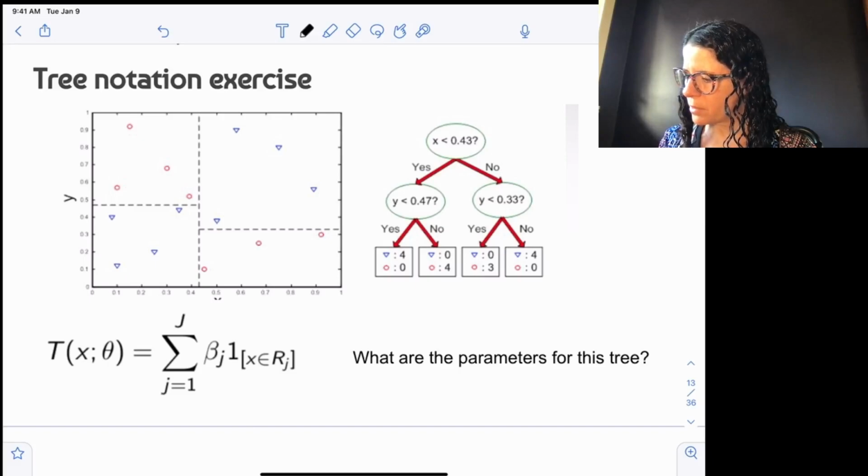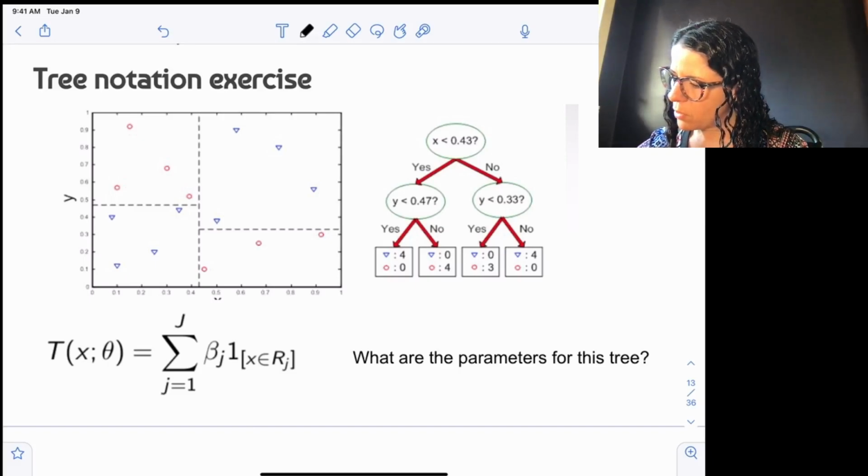So in this case, what are the regions here? Let's think about them for a second. For example, let's call R_1 x less than 0.43, intersect with y less than 0.47.